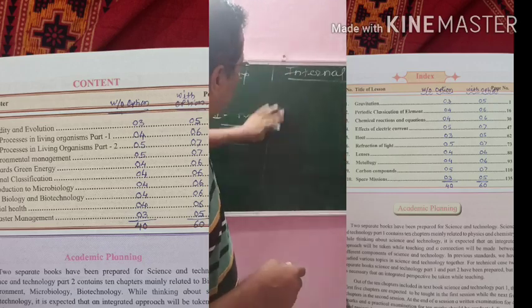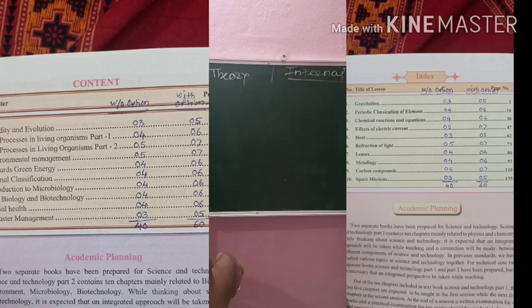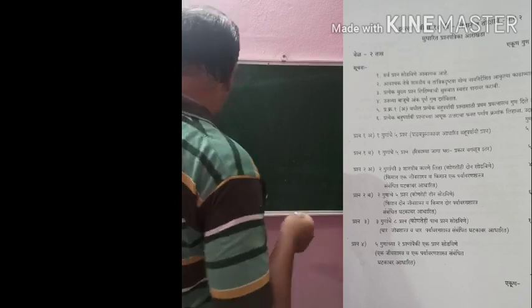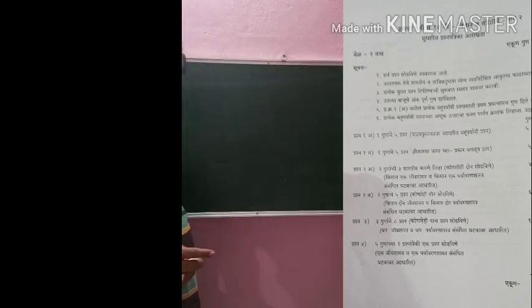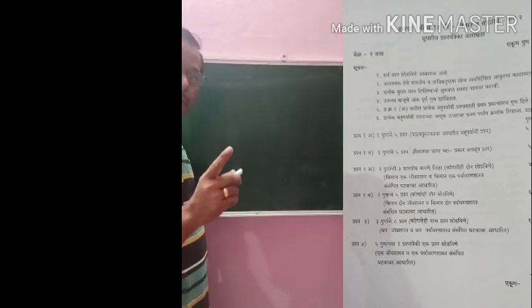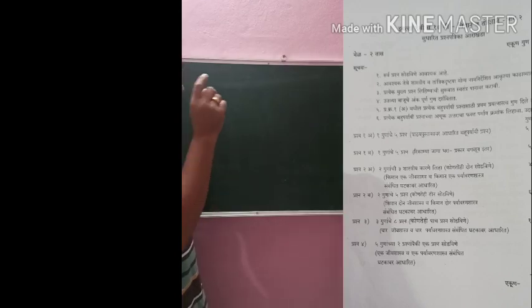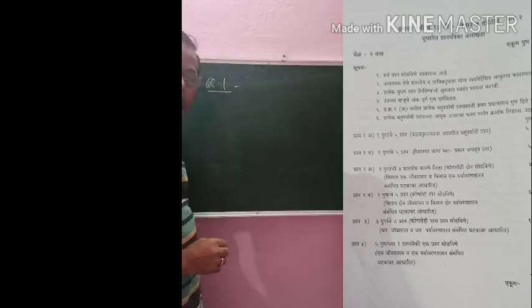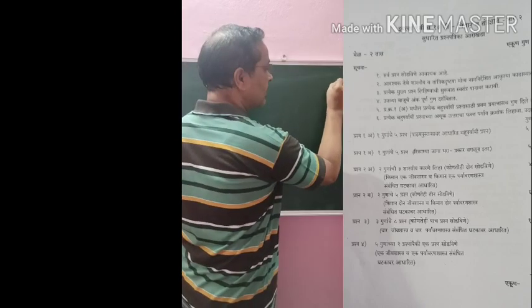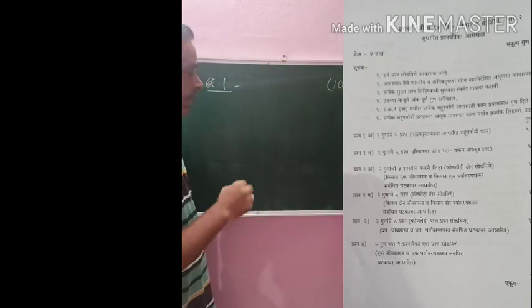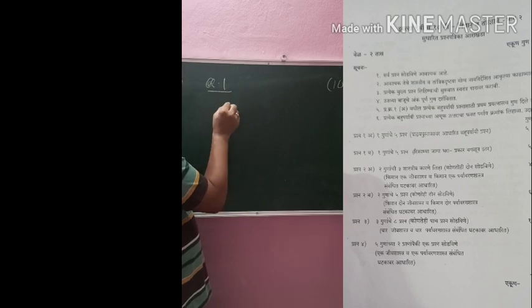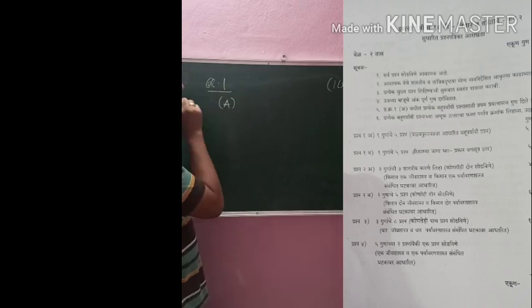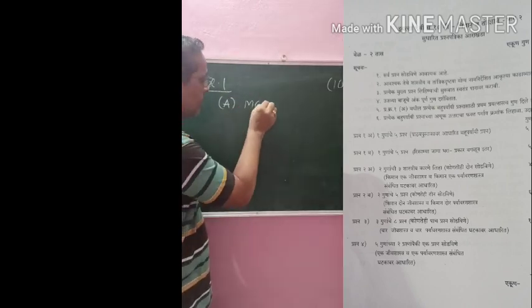I will give you the paper pattern here. Suppose we take science part 1. The paper is of 40 marks. Question number 1 is a completely objective question of 10 marks, in which question number 1A has MCQs.